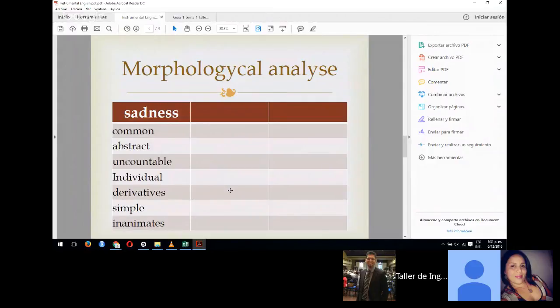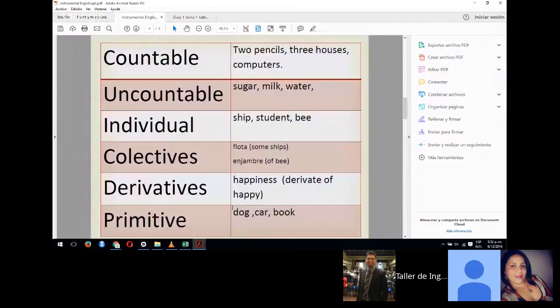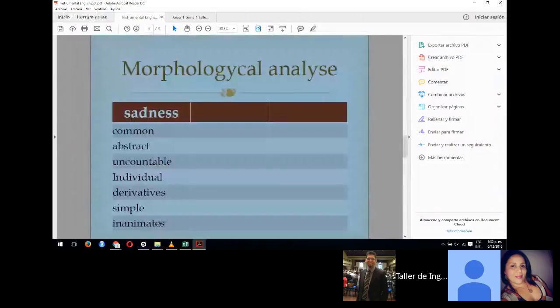It's a primitive word. Is this word simple or compound? It's compound because it is composed of two words: milk, which means leche, and shake, which means batir. Is it inanimate or animate? It's inanimate because it doesn't have life.